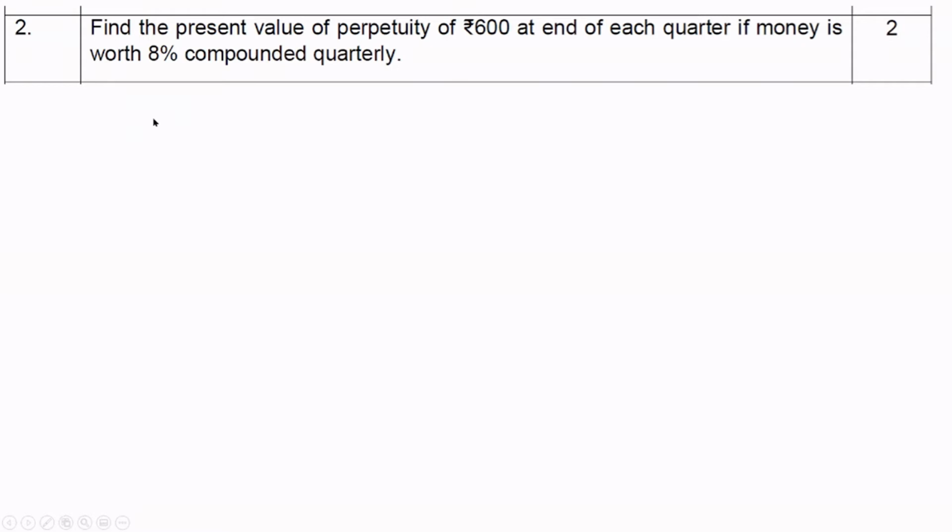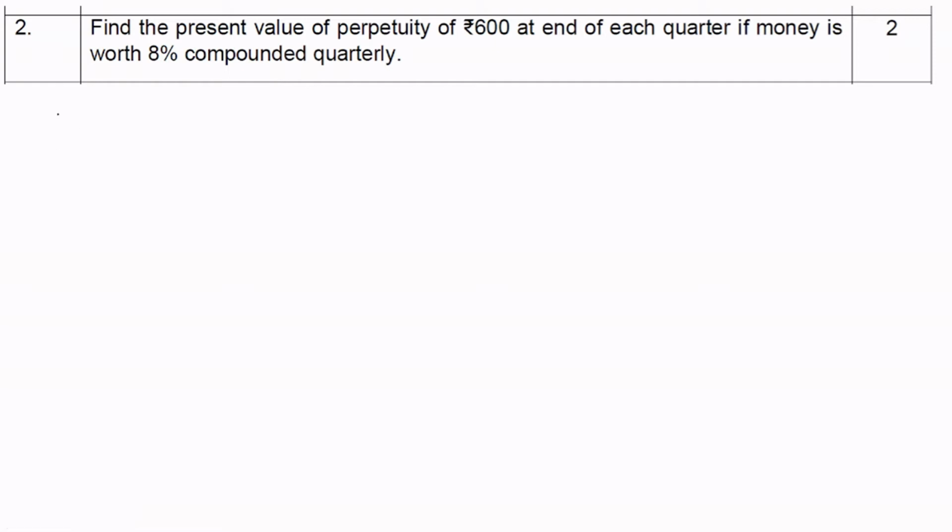Next question. Find the present value of perpetuity of rupees 600 at end of each quarter if money is worth 8% compounded quarterly. So we have to find the present value of perpetuity of rupees 600. So the periodic payment is rupees 600, at the end of each quarter, if money is worth 8% compounded quarterly.